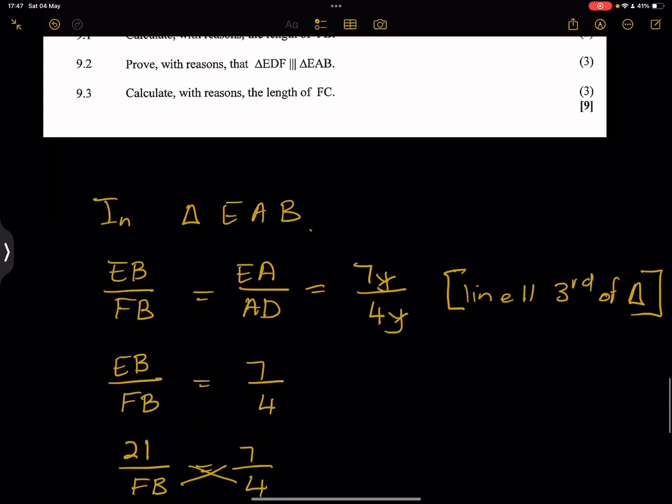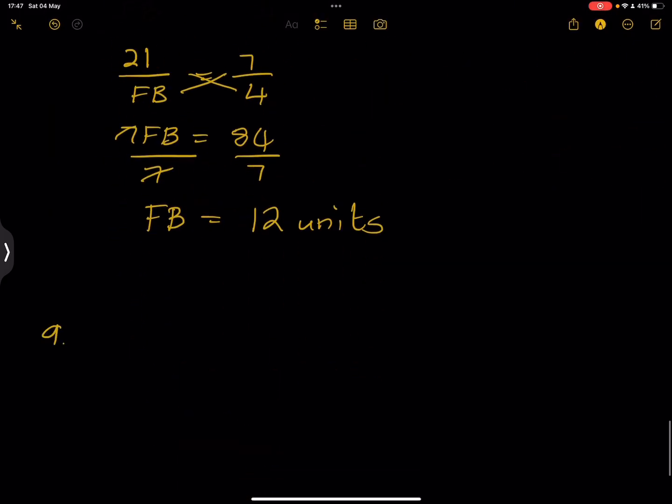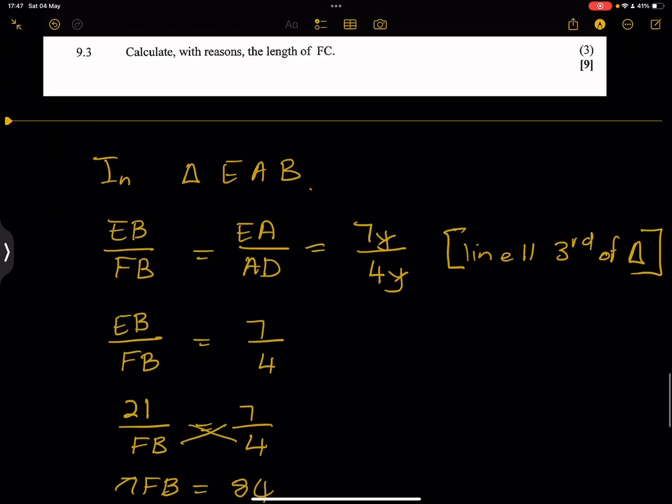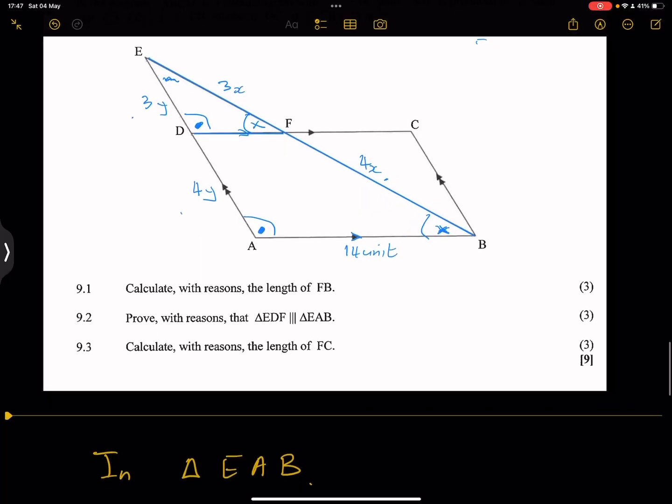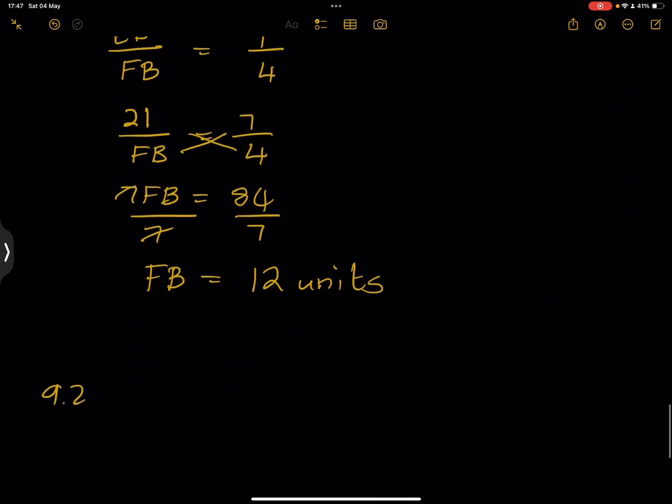So for 9.2, we're simply going to say that angle EDF is equal to angle EAB. That's corresponding angles, right?